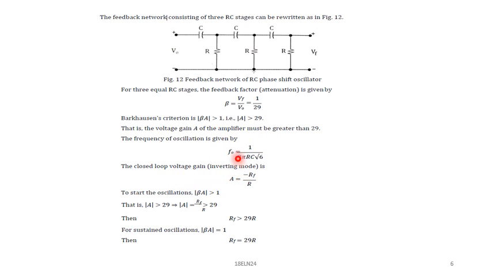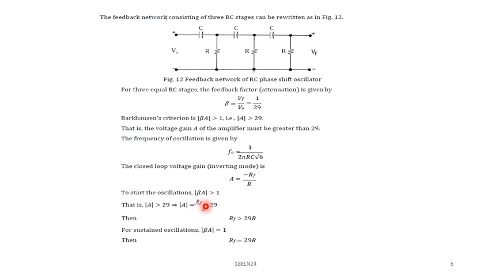Then you know that the gain of an inverting amplifier of an op-amp is given by A is equal to minus RF by R, where RF is the feedback resistance and R is the input resistance here. And to start the oscillation, the magnitude of beta A should be greater than 1, that is magnitude of A should be greater than 29, and I will write magnitude of A, that is equal to RF by R, should be greater than 29.